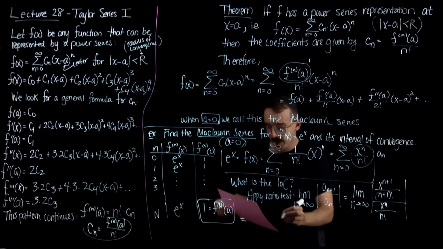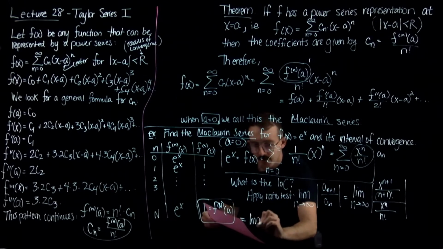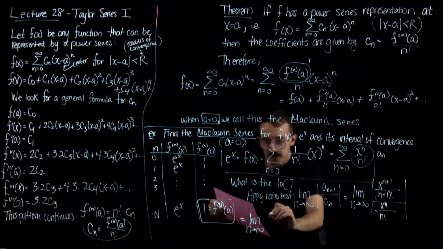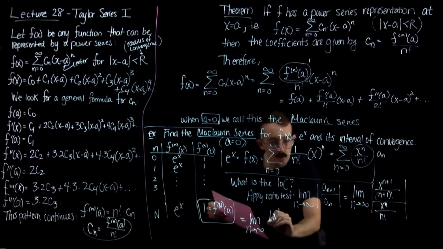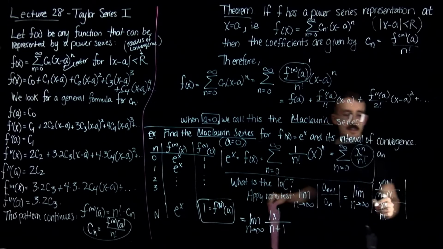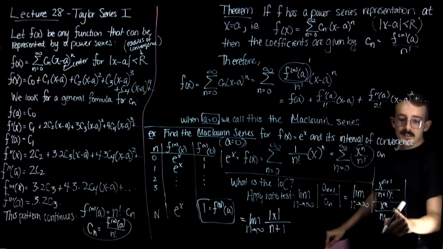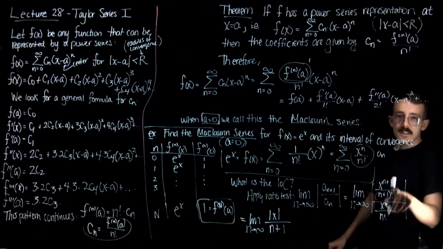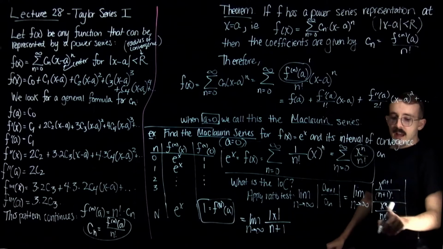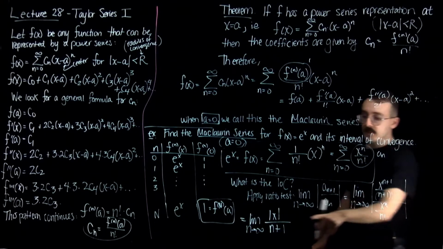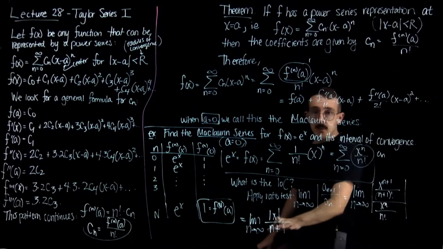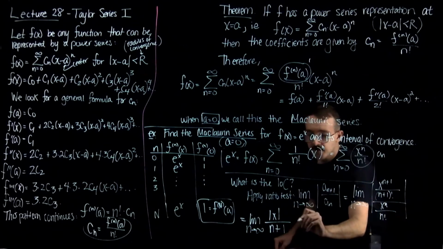If you simplify that quite a bit, you're going to get the limit as n goes to infinity of the absolute value of x over n plus 1. That's what's going to happen, because all of the factorials will cancel, except you'll have the n plus 1 remaining. And all of these x's but 1 are going to cancel out. N is a positive number, so that can come out of the absolute value, but you have 1 x remaining. So this is what we're looking at. Simplify that if you need to.